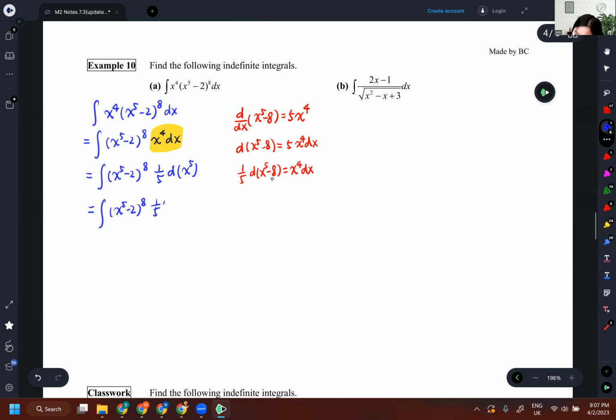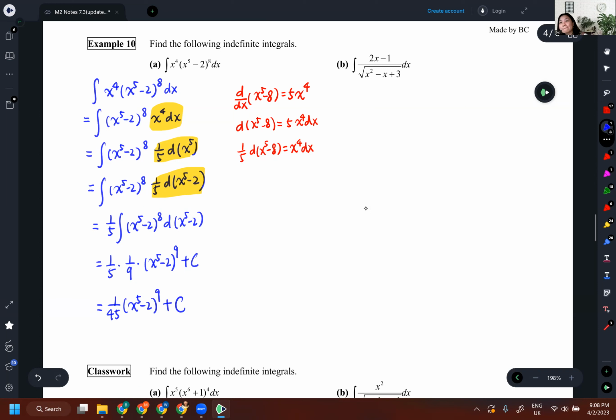You take out 1/5, and then (x^5 - 2)^8 d(x^5 - 2), and that is 1/5 times 1/9 (x^5 - 2)^9. And then in the end, it's 1/45 (x^5 - 2)^9 + c.